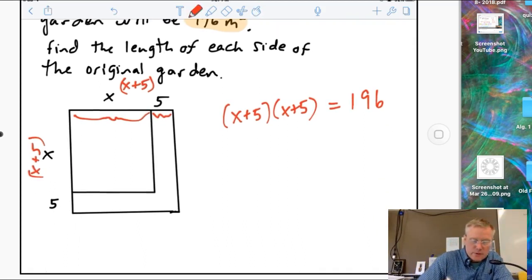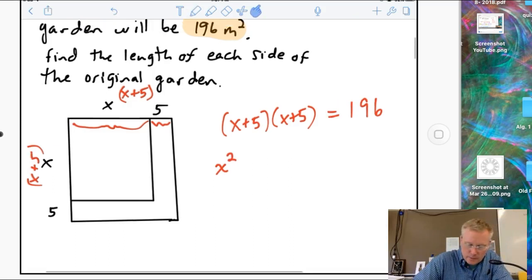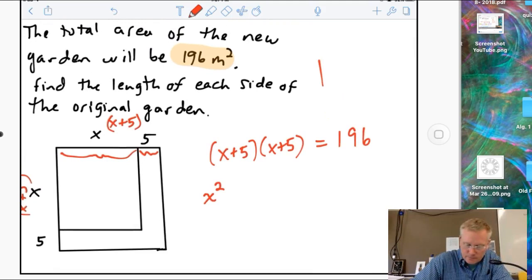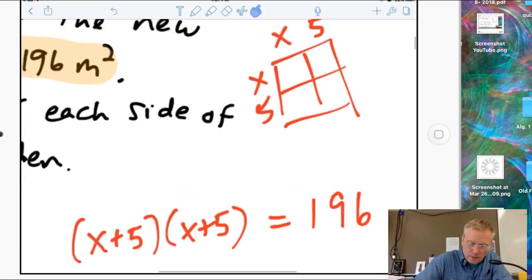Now, to solve this, I'm going to use FOIL or box, whichever technique you like. And when I do this, I got x times x is x squared. And I'll do it out with box here, 5x, 5x, 5 times 5 is 25.